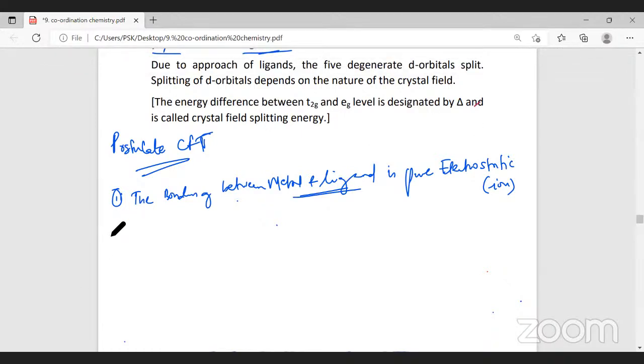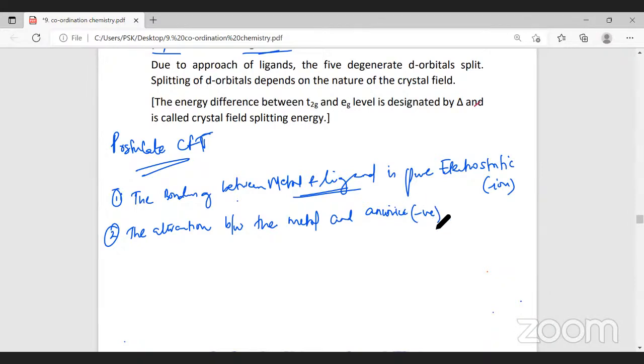The second point is the attraction between the metal and the anionic ligand. Anionic means negatively charged.